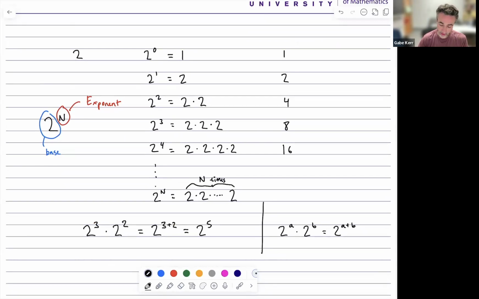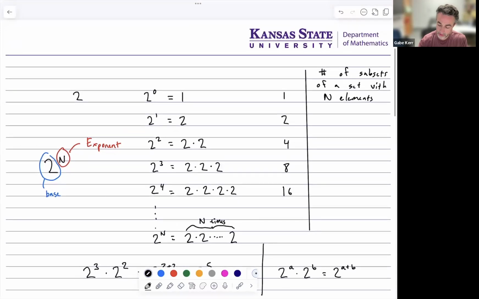It turns out that the number of subsets of a set with n elements is exactly 2 to the n power.